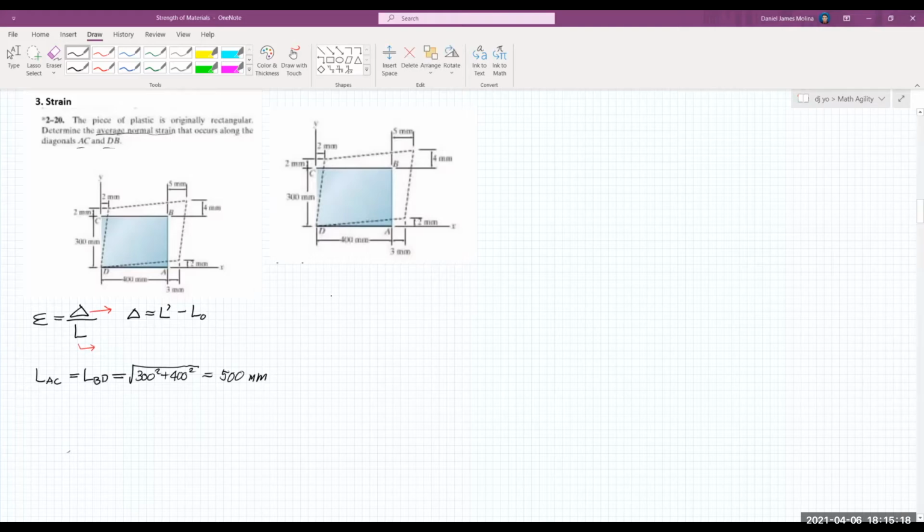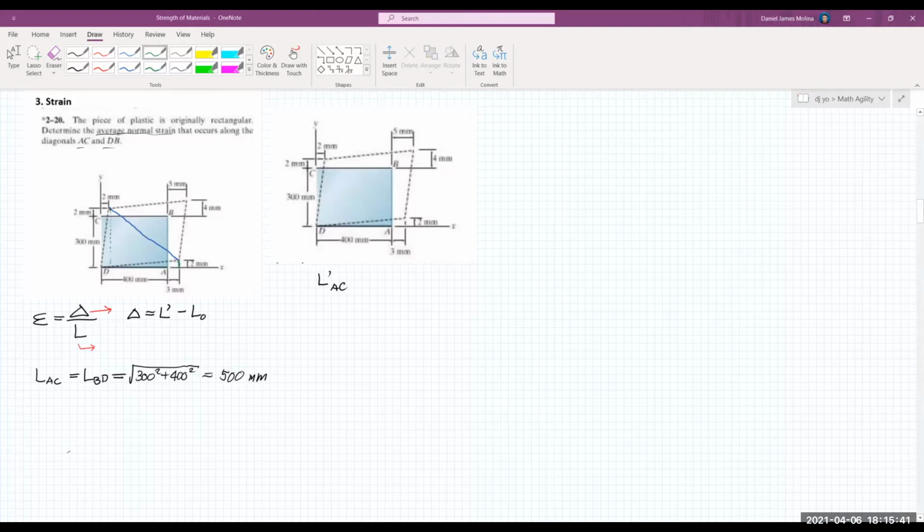So let's consider the deformed length of AC. We'll use the first figure here. For us to solve for the length AC, we can project downwards its endpoints.